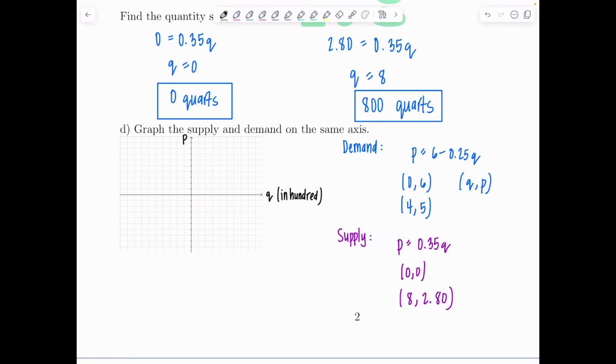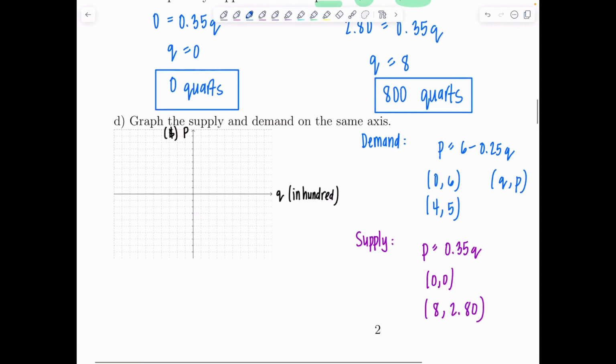And then the price, this is just dollars, so that's regular. Okay, let's graph the demand equation. So we have 0, 6, and then 4, 5. So here's my demand equation. Keeps going. Supply goes through 0, 0.